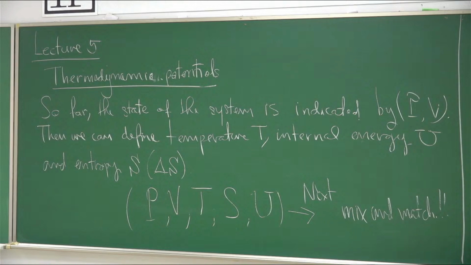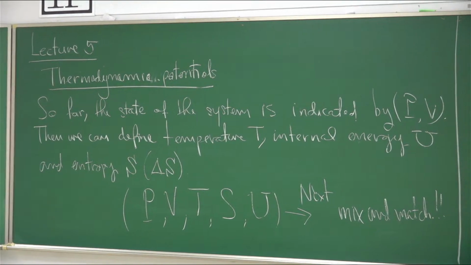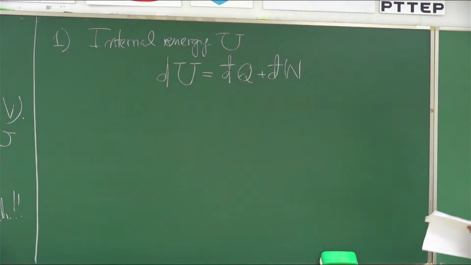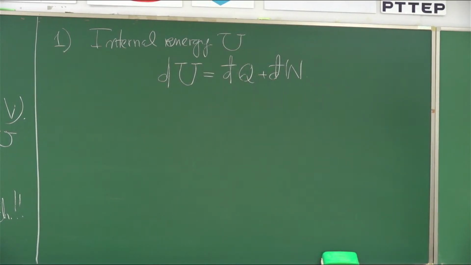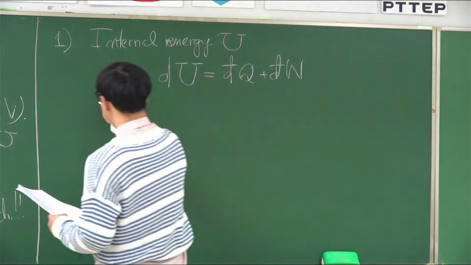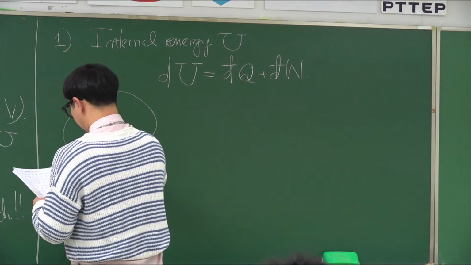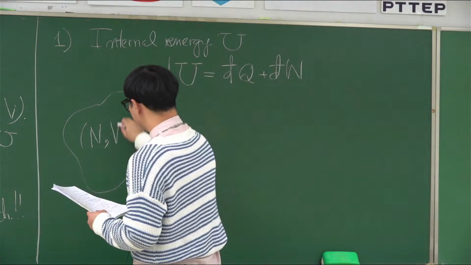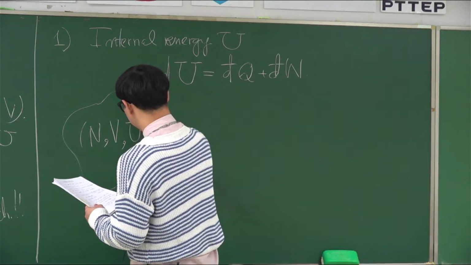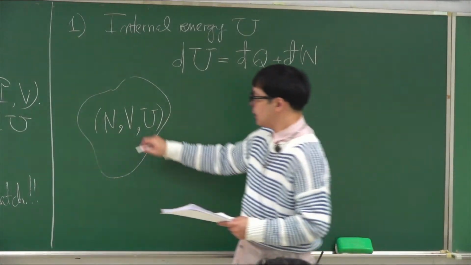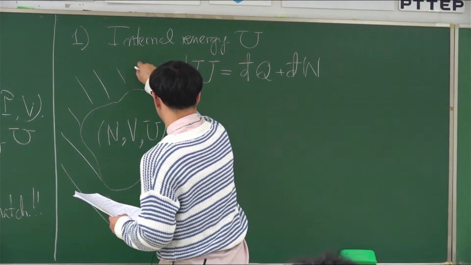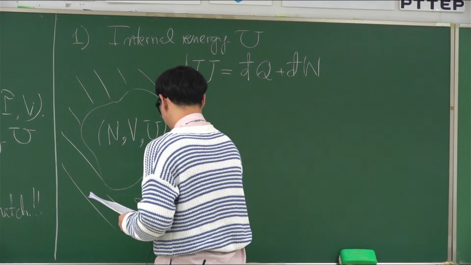So we know that from the first law, you have this relation right here. Suppose this is your system, where I give you a number of particles, the volume, and of course this internal energy, and outside is nothing but the surrounding, right?